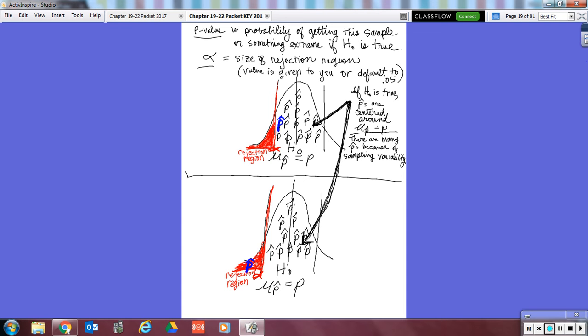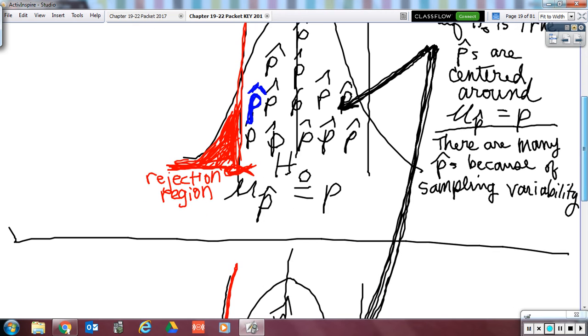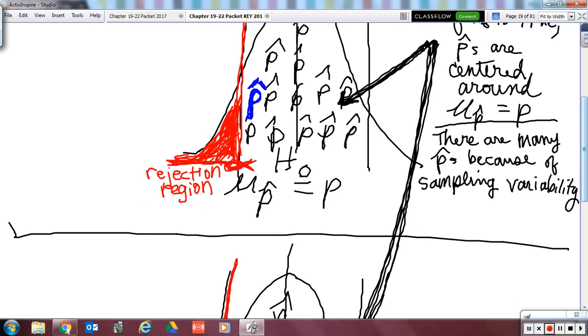The p-value, let's do the top one, top curve. The p-value is the probability, and probability is a shaded area. So p-value is a shaded area. It's the probability of getting what? This sample, or what? Or something more extreme if the null is true. So if the data is really located all right here, then let's draw it.